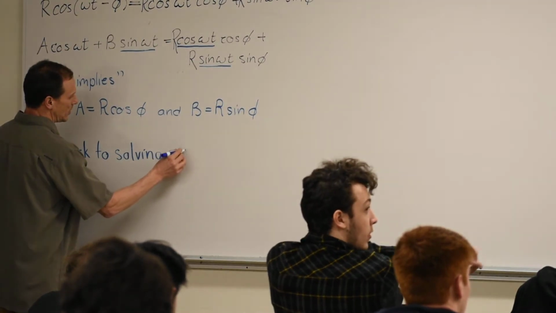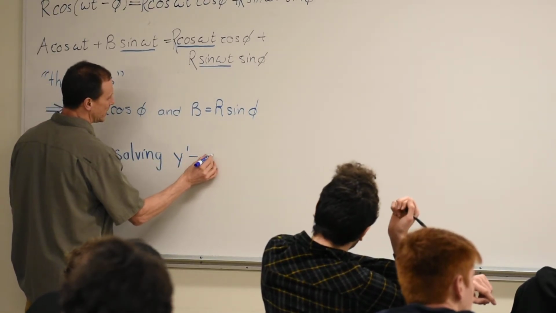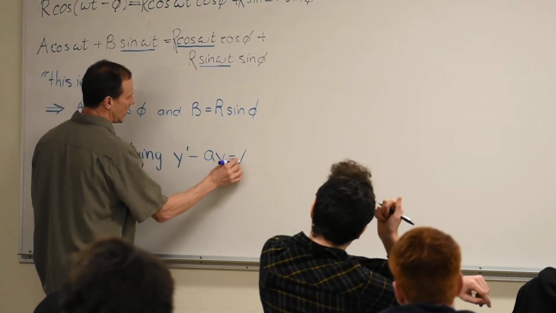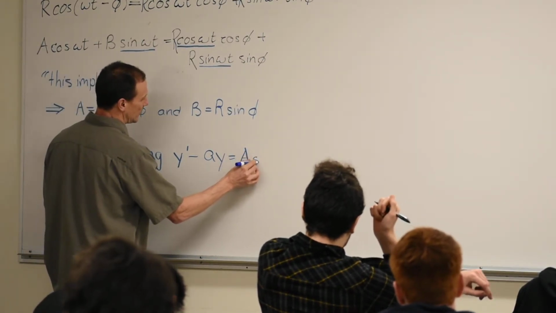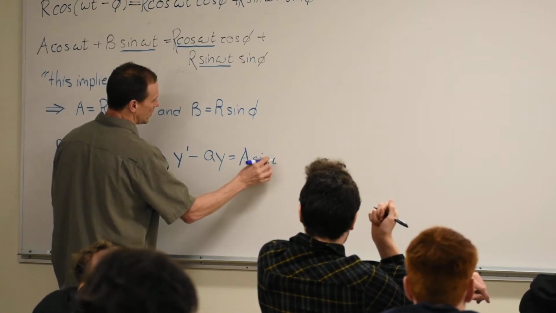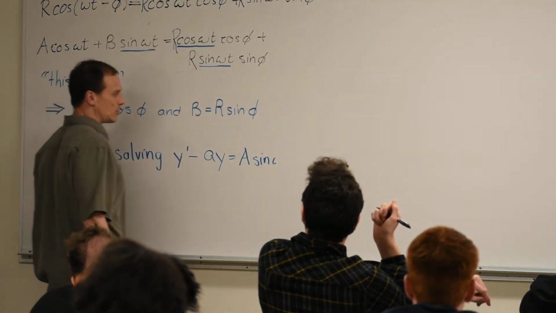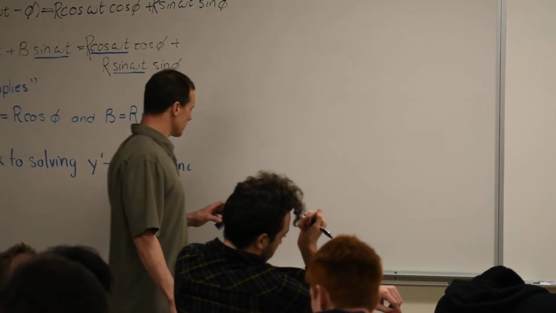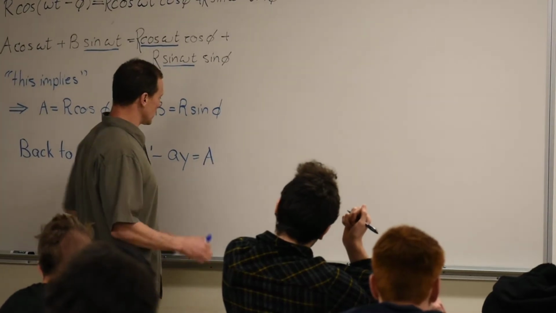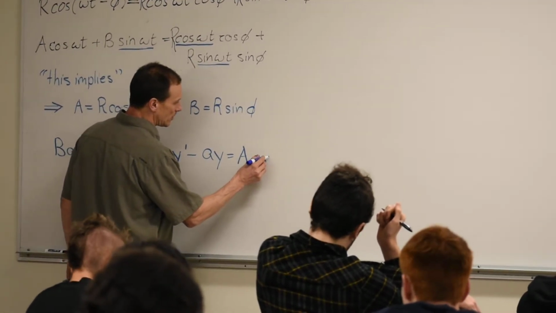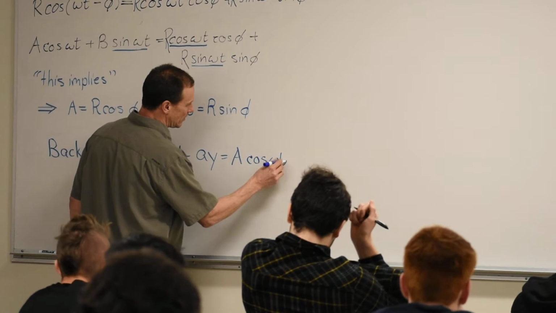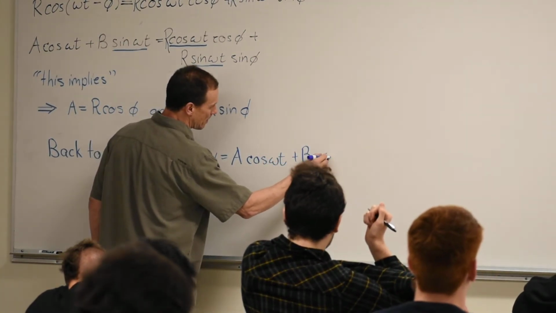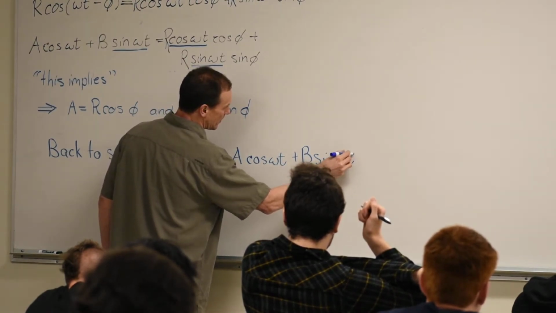We're solving y prime minus y equals a cosine omega t plus b sine omega t.